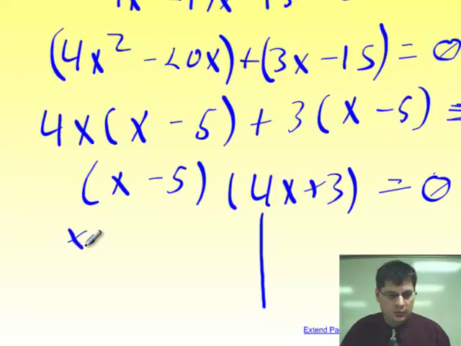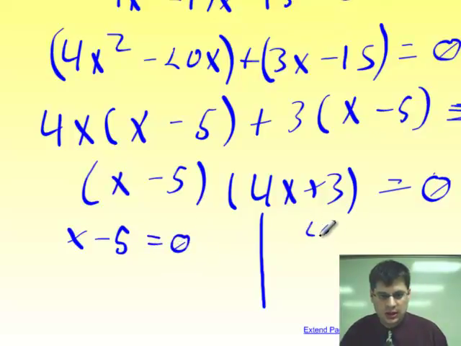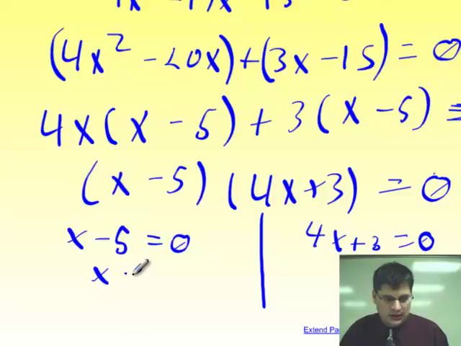So this side we do x minus 5 equals 0. And this side could be 0. So what value of x would make this binomial equal 0? Well, this one we just add 5, so x equals 5.